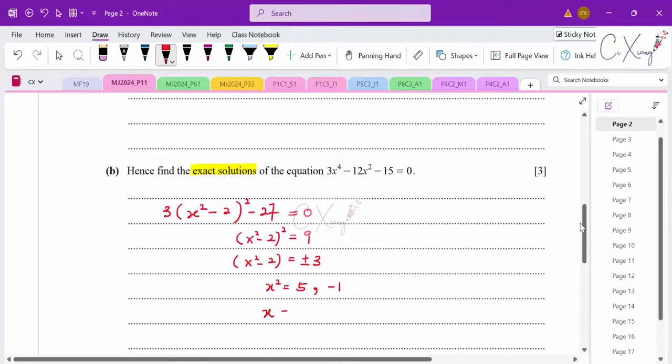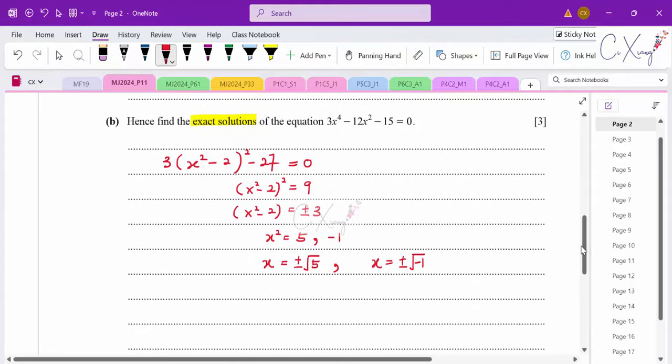When you want to take the value of x, you consider plus and minus square root 5, and also x equals plus and minus square root of negative 1. The answer here is quite obvious: for the square root of negative 1 you get a math error, so there's no solution for that part of the equation. So the answer is x equals plus or minus square root 5. This is how we solve question number 1.